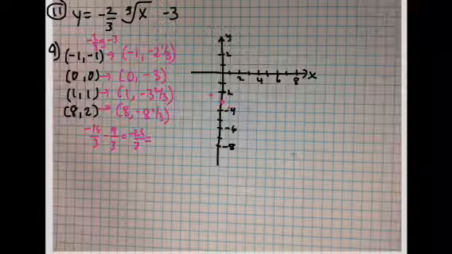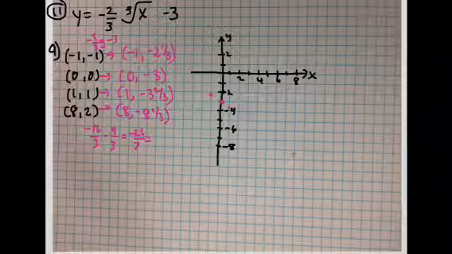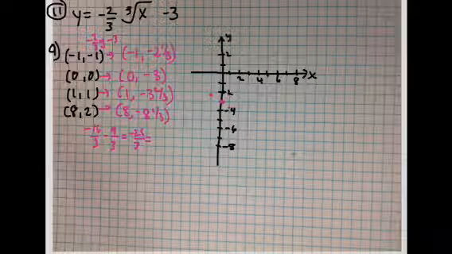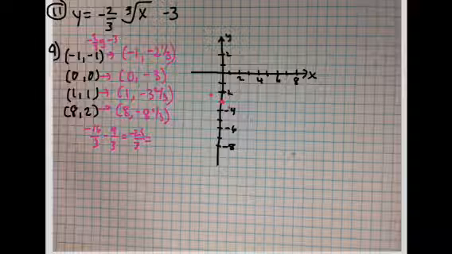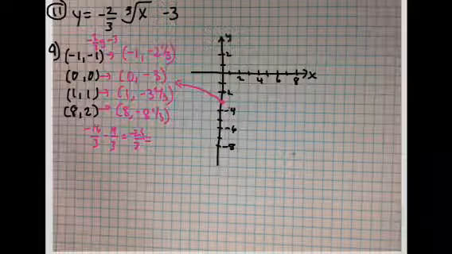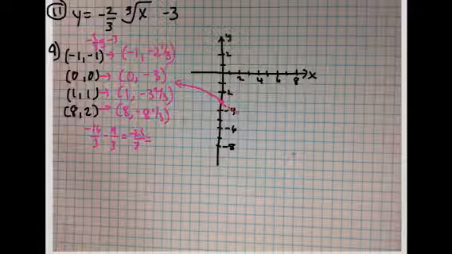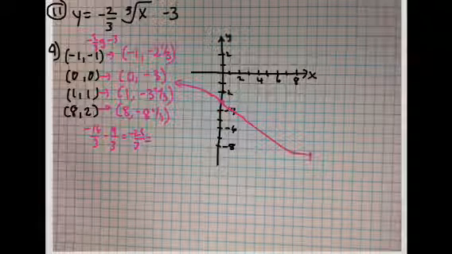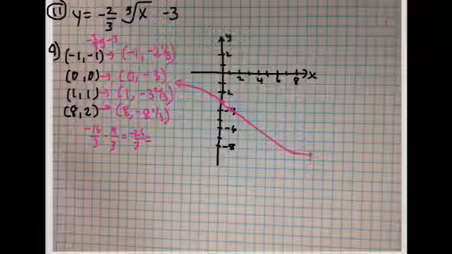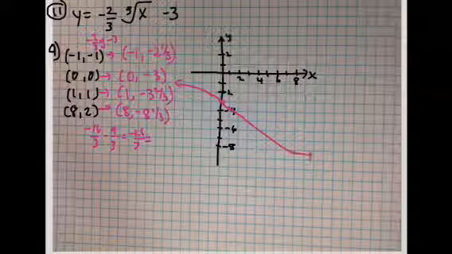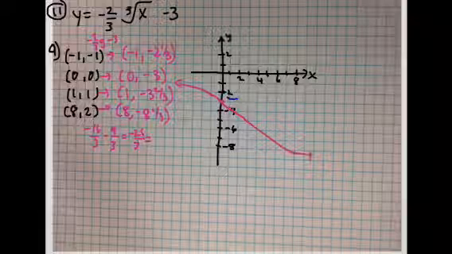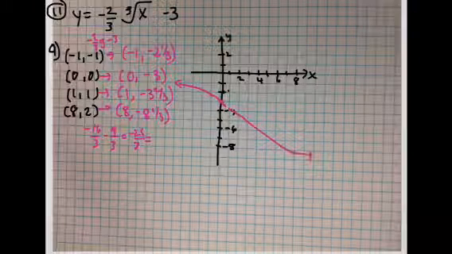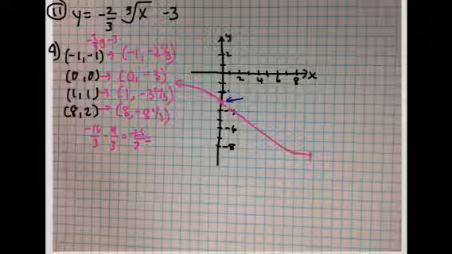Okay, so there's a reflection over the x-axis on this one because a is negative, so it goes like that, and then like that. Okay, so the inflection point is (0, -3). This point right here, that's the inflection point.